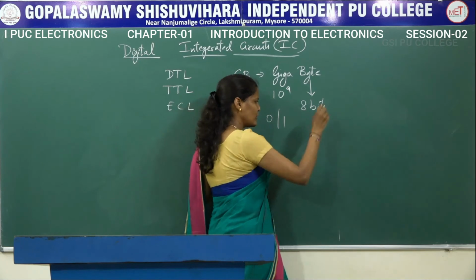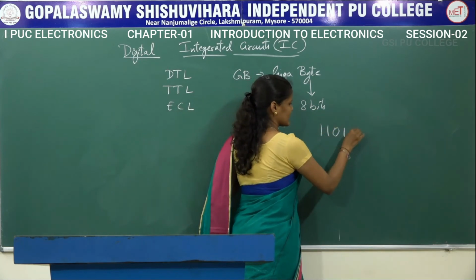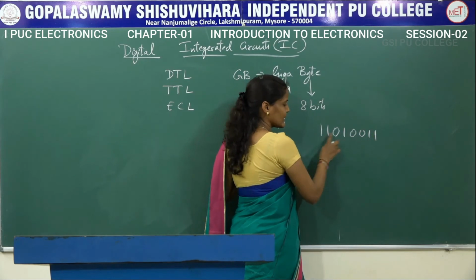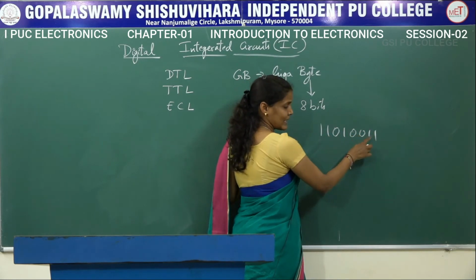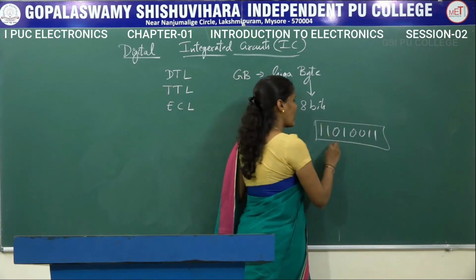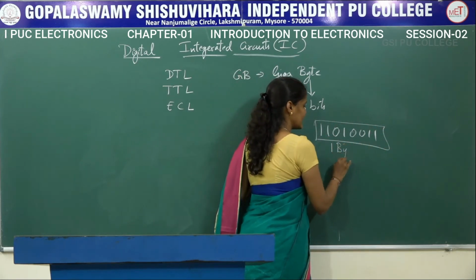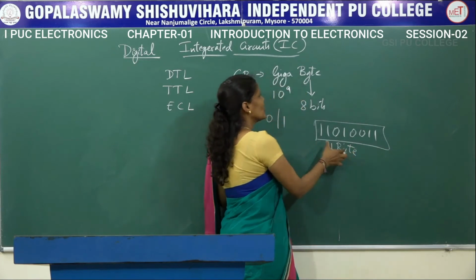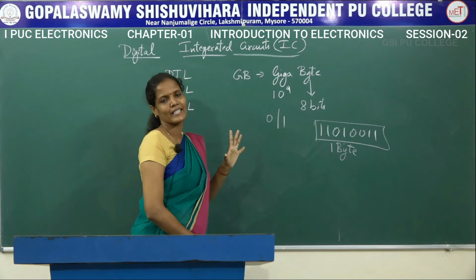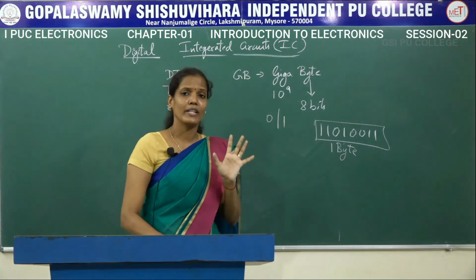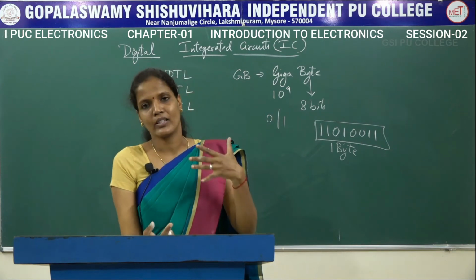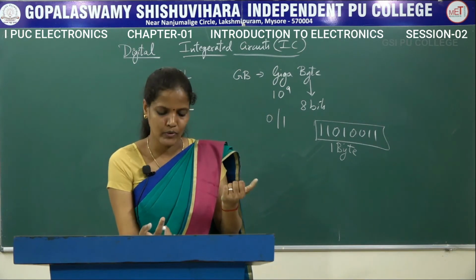So if I write a series of numbers like this, it contains 8 bits: 1, 2, 3, 4, 5, 6, 7, 8. So totally these 8 bits are called 1 byte. We'll be having 10 to the power of 9 bytes of places in order to save any data in our mobile phone.